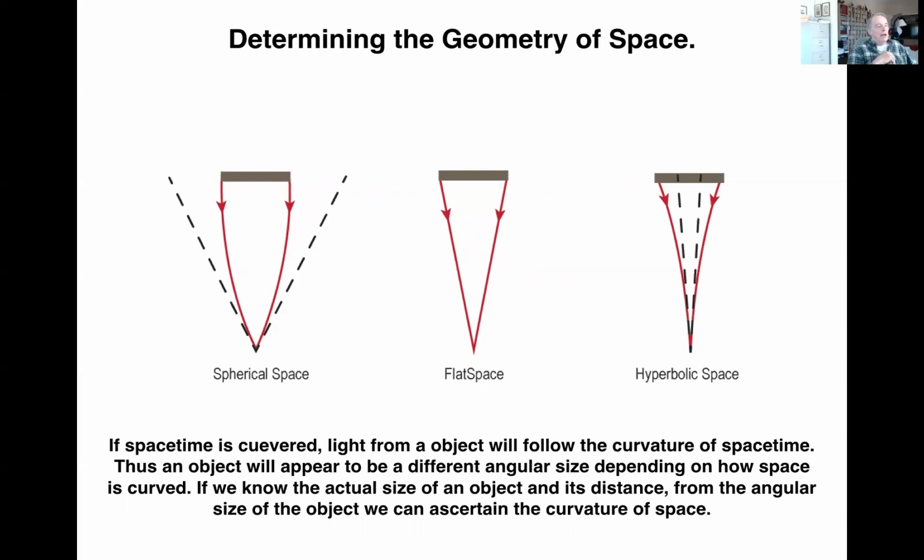Now we can turn that around a little bit and say, if we know what the physical diameter or length of that bar is, and we can observe the angle, then we can compute the angular distance. It's just the width of that bar divided by the angle, if you measure that angle in radians. So it's a very simple formula.